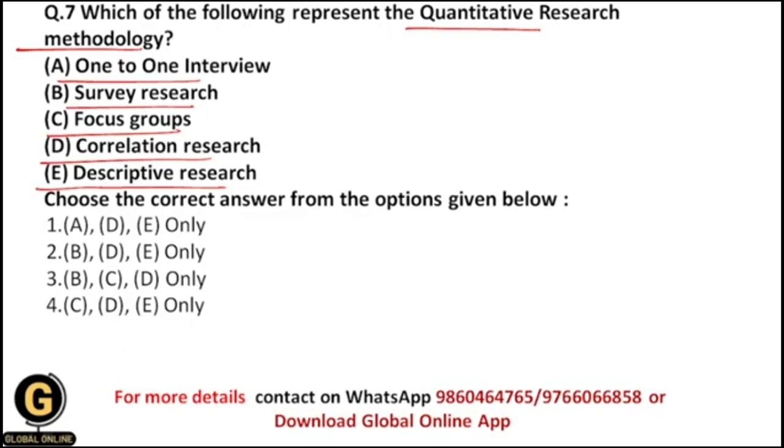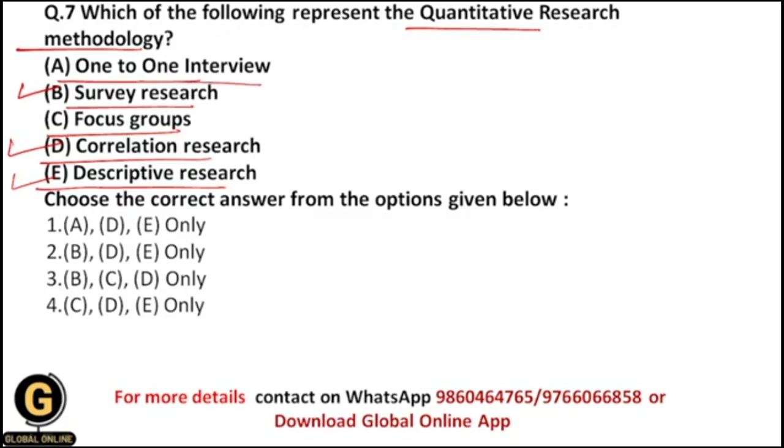methods. So from these options, obviously survey research, correlation research, and descriptive research are the quantitative research methodologies, because in these research processes we are going to collect the numerical data, and based upon the numerical data we are going to formulate the hypothesis, and after all we are going to test the hypothesis by using the statistical techniques, and finally we will get the results.